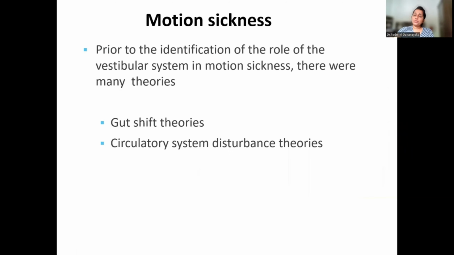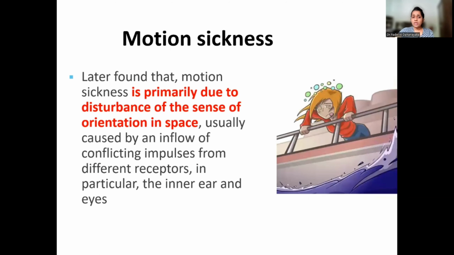Prior to identification of the role of the vestibular system in motion sickness, there were many theories, like the gut shift theory and the circulatory system disturbance theory. But later it was found that it is not related to any gut shift or circulatory system disturbance. Primarily it is due to disturbance of the sense of orientation in space. Why is this sense of orientation disturbed?